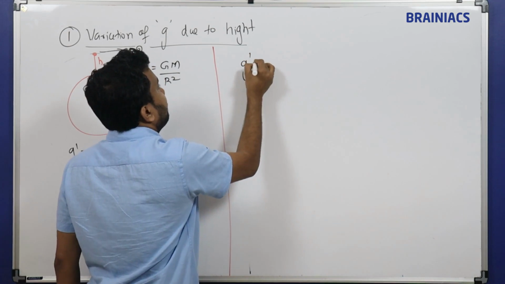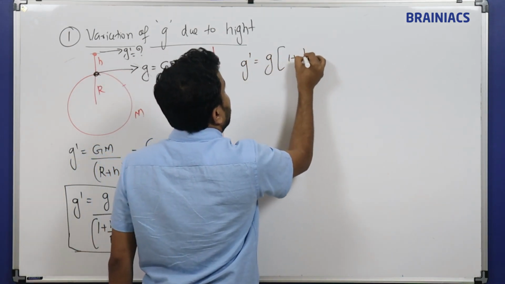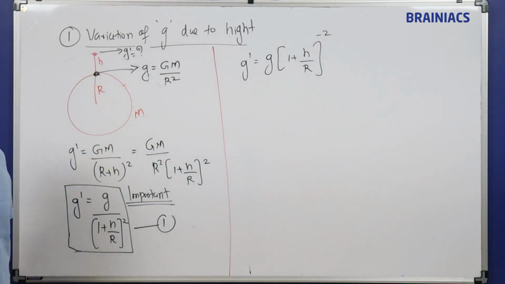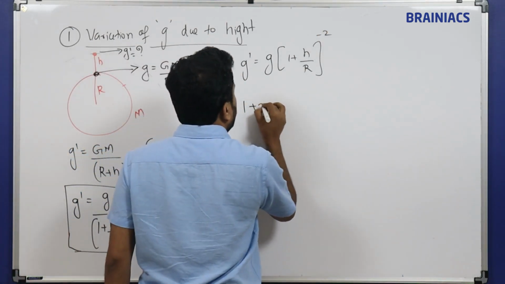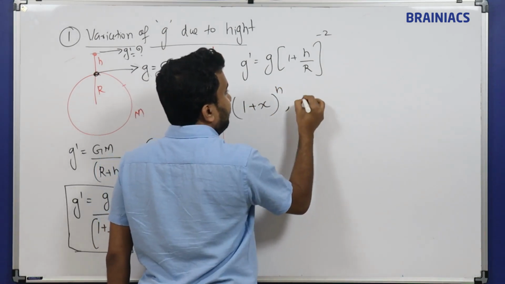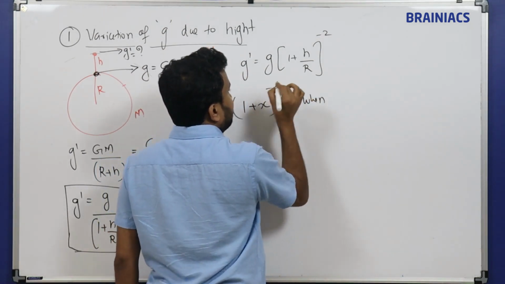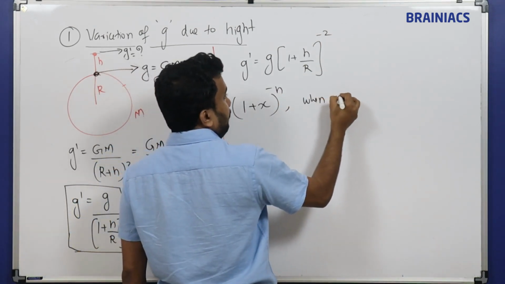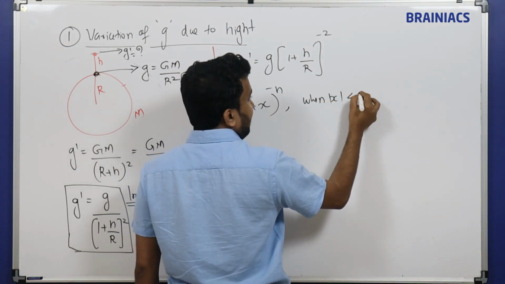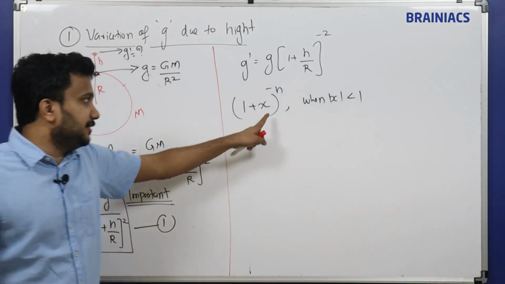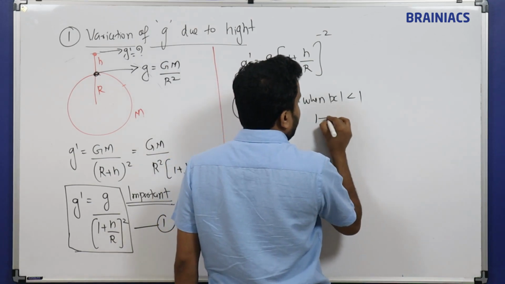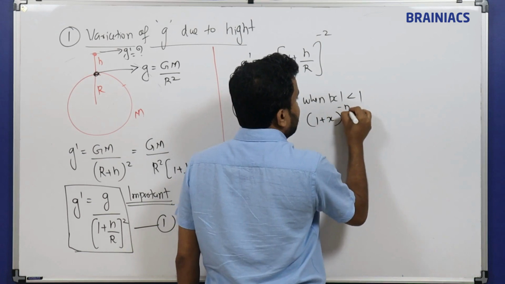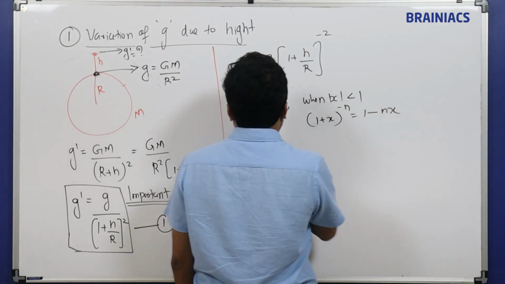Now I am further rearranging equation 1: 1 plus h by r the whole raised to minus 2. There is a mathematical relation: 1 plus x raised to minus n, when mod x is less than 1, if it is a very small value, you can write it as 1 minus nx.